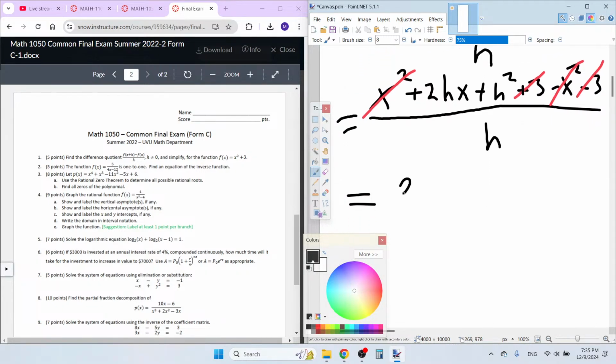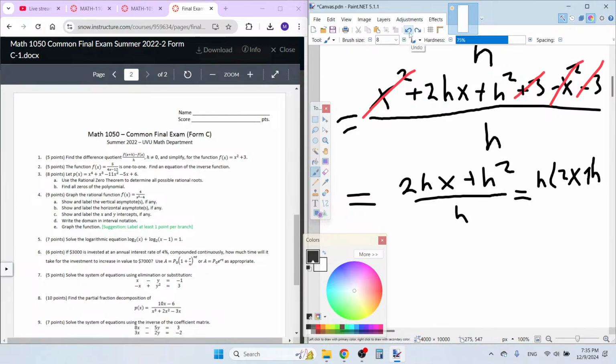That leaves us with 2hx plus h squared over h. We factor the h out of the top. That gives us h times 2x plus h. We'll get that drawn a little bit nicer.